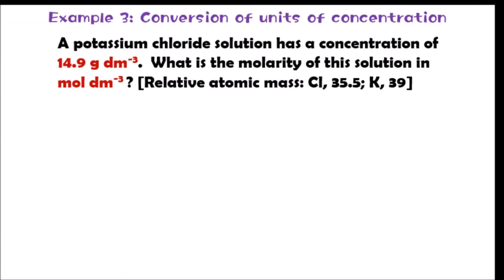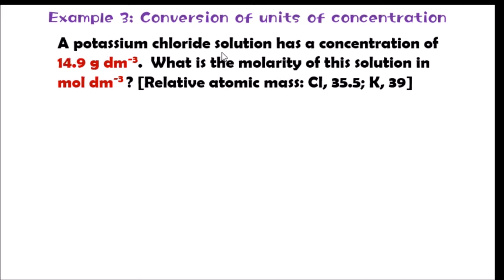Alright, next. Example 3. Conversion of the units of concentration. A potassium chloride solution has a concentration of 14.9 gram per dm³. What is the molarity of this solution in mole per dm³? So now we need to convert the concentration into molarity.